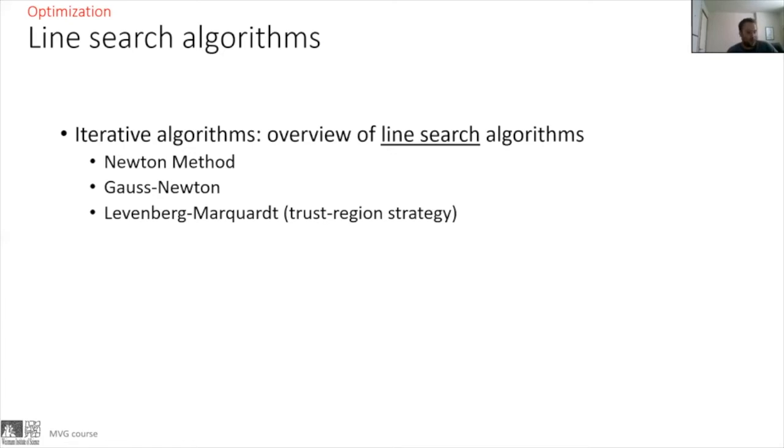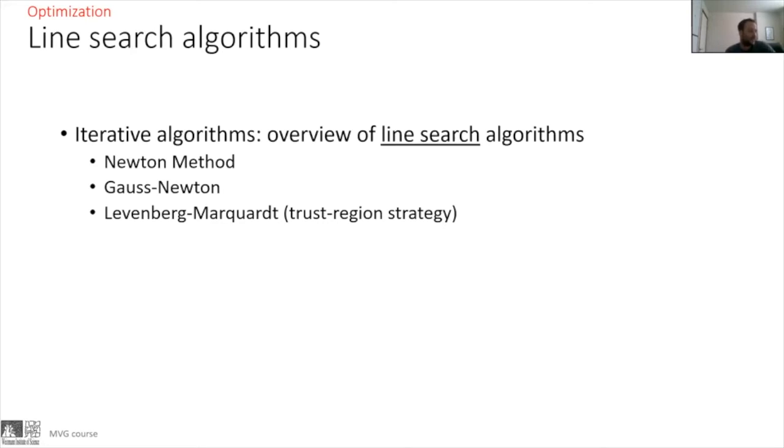And in general, what we'll see today is second order methods, which means that we will use second order information of the function. Specifically, we will discuss the Newton method, which is the most basic idea for these methods.